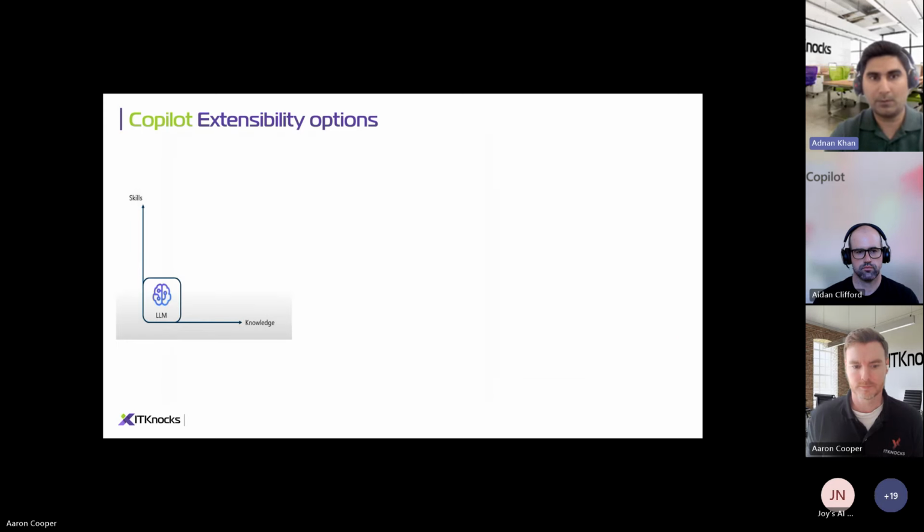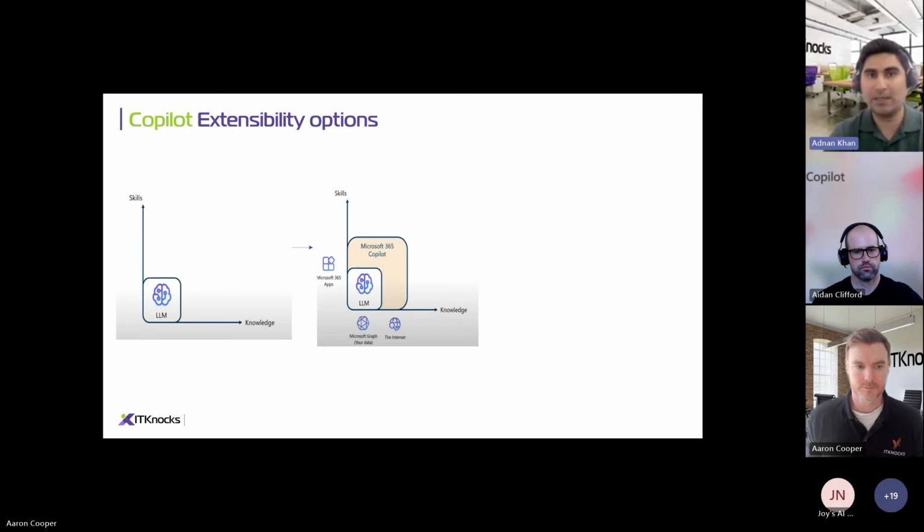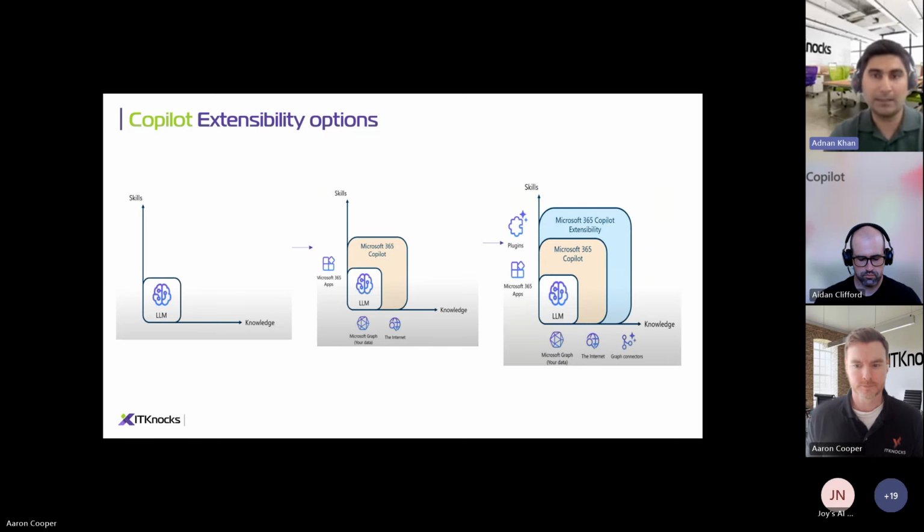Yeah, this is another perspective on extensibility. We have been using GPT, the LLM, as knowledge and ChatGPT as skills. But on top of it, Microsoft 365 Copilot adds more skills in the form of tools such as Outlook, and your data from these apps is available in Graph as knowledge.